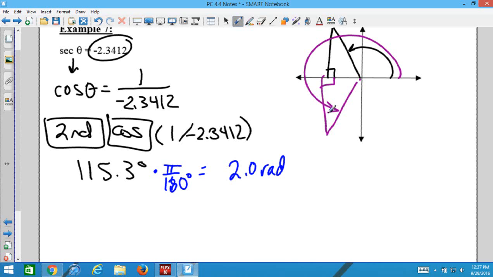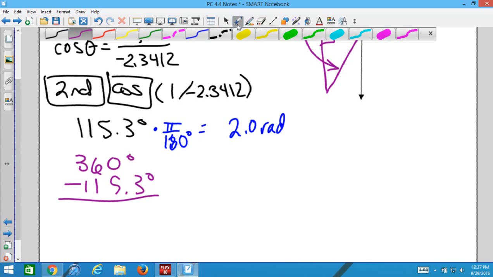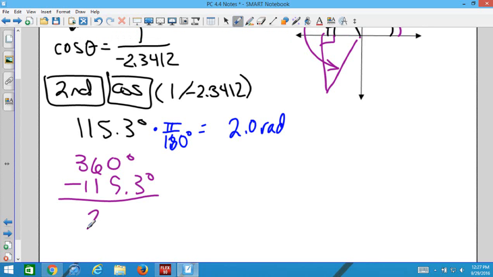You'd have to do 360 minus 115.3 degrees would be one way of doing it. That would actually be the shorter way. There is another way where you could find the reference angle and then add the reference angle to 180. But I like efficiency. So that is 244.7.